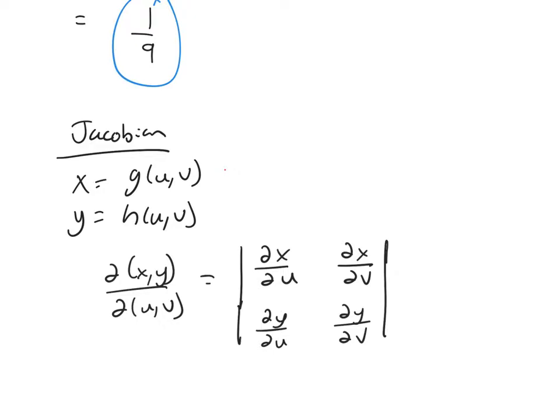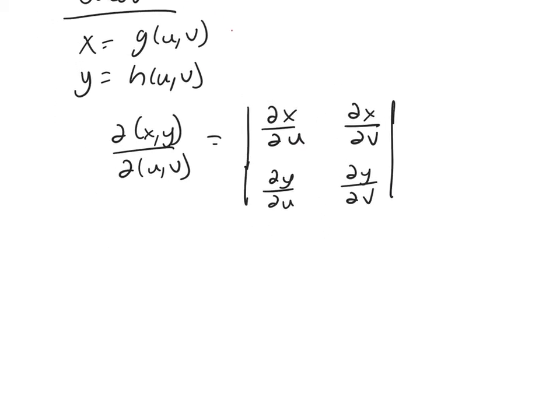And remember that the reason we care about the Jacobian is it tells us what extra stuff goes in our integral when we do a change of variables. Like remember in polar coordinates we add in an extra r. So let's look at an example.